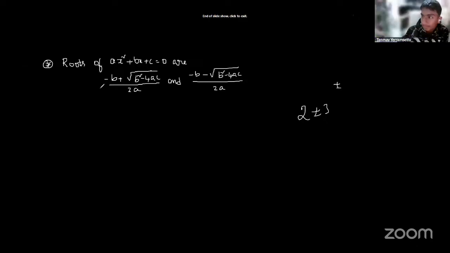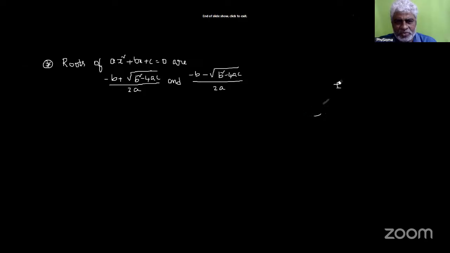Okay. Now let us take the first root alpha, second root beta. Let us suppose the first root is alpha.